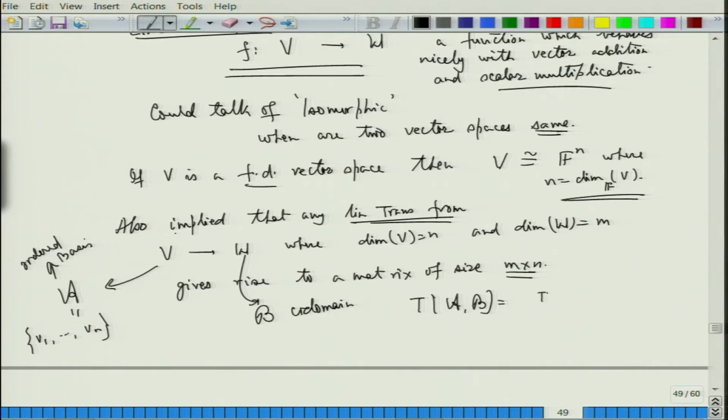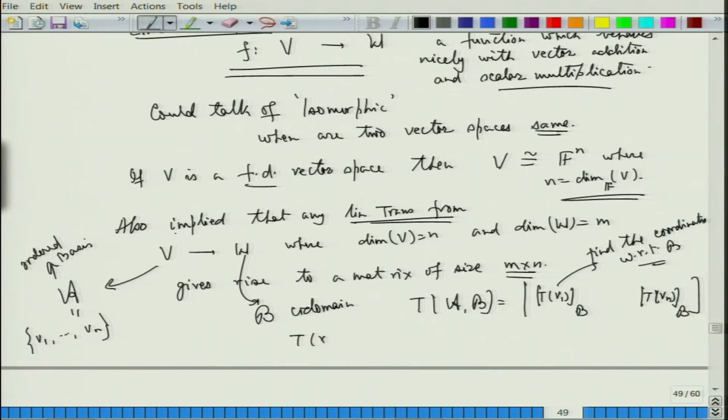What you do is compute T of V1 till T of Vn, compute these maps, then evaluate them with respect to B. Evaluate means find the coordinates of these vectors in W with respect to B. That gave us the answer, and we saw that for any x belonging to V, T of x is an element of W, so I can write it with respect to B. This is nothing but T of AB times x.